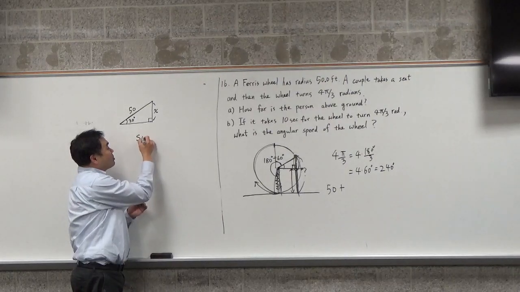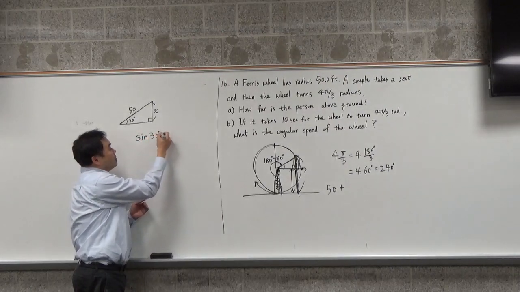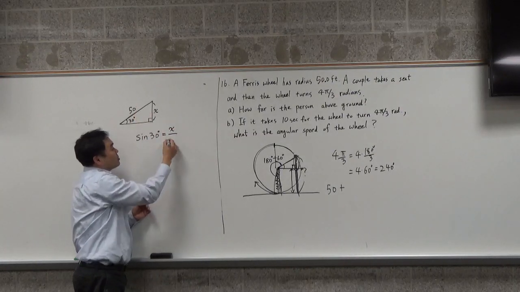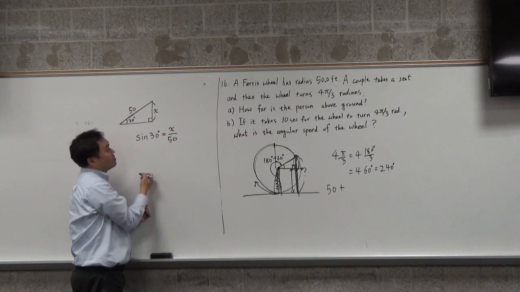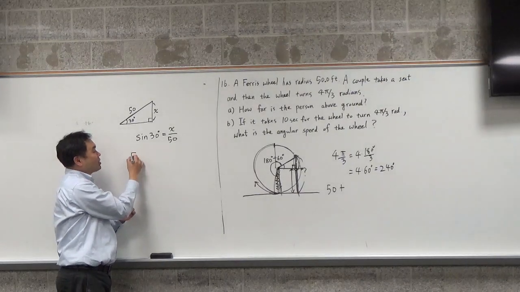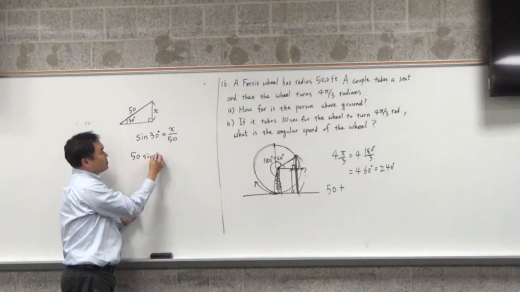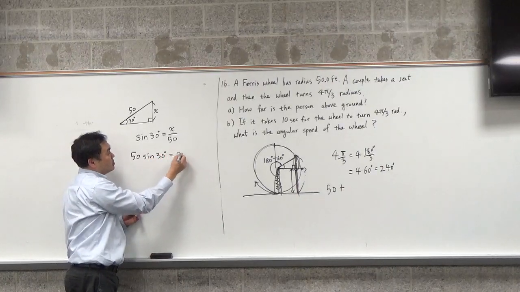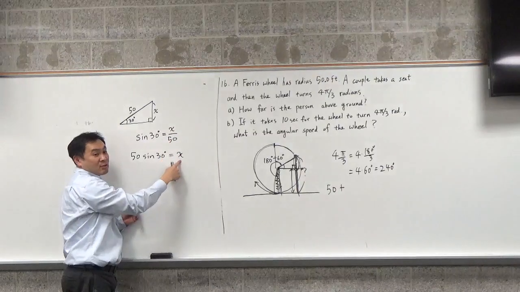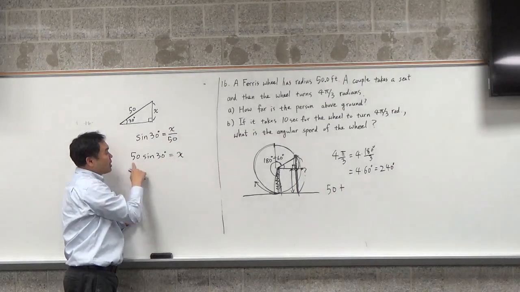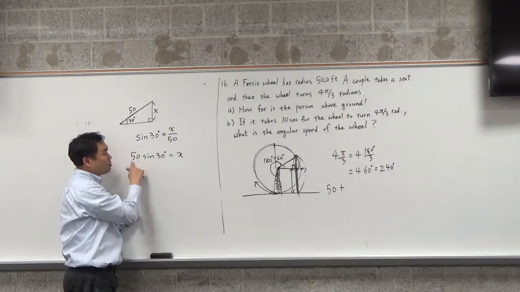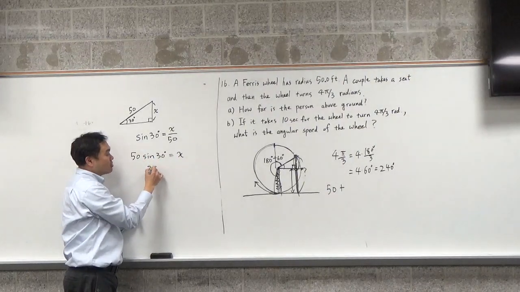So we have sine of 30 degrees, giving you opposite over hypotenuse. How do you solve for x? Multiply both sides by 50. If you multiply by 50, the 50 and 50 cancel, leaving you with just x. Now you just have to do 50 times sine 30 degrees. If you use your calculator, you see that this gives you exactly 25.